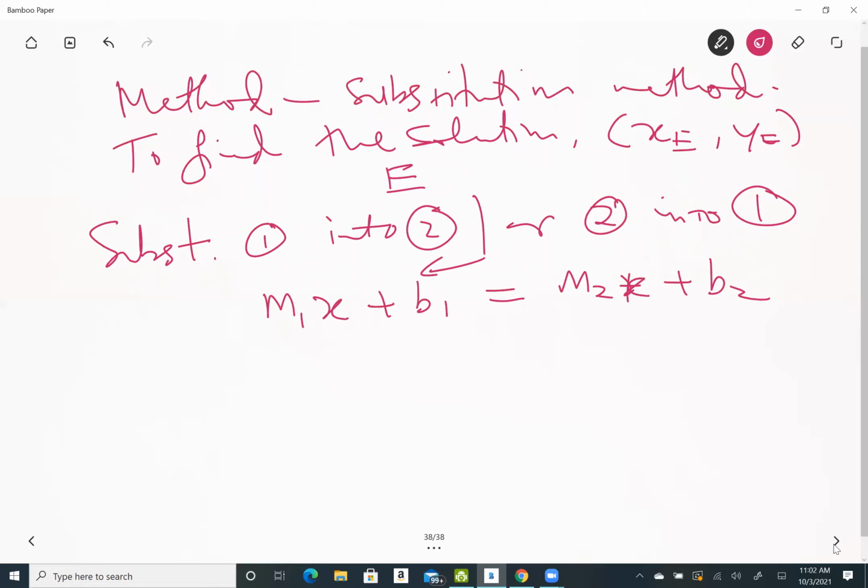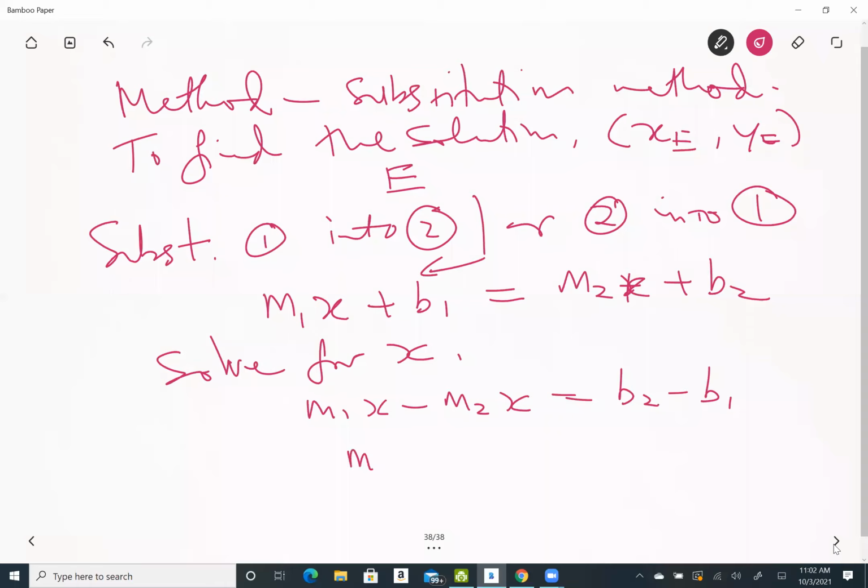Now you can solve for x. So you bring the x terms to the left. So you get m1x minus m2x equal to b2 minus b1. Here, we just tell you the method, and that will help you do the operation. So factor out the x.